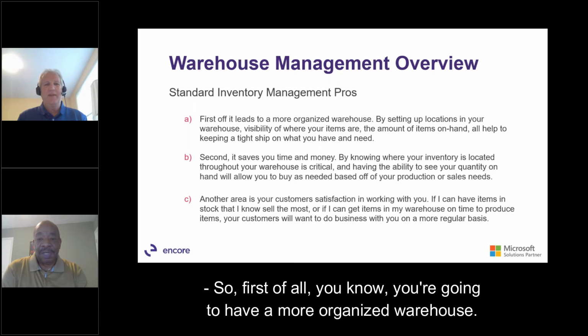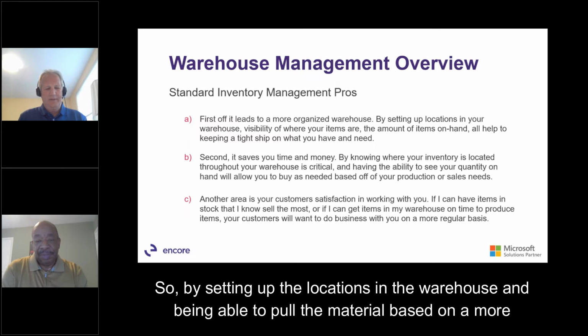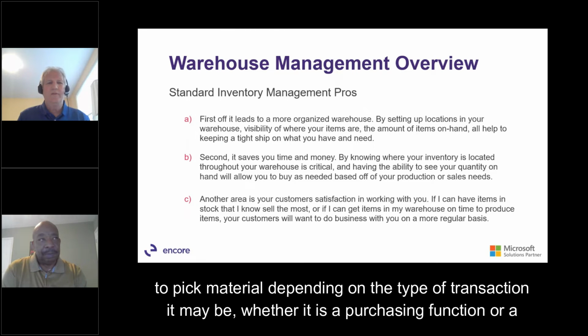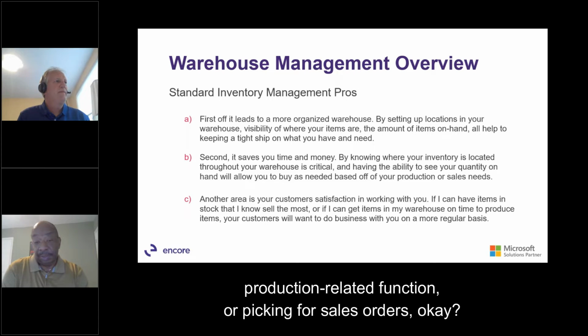So first of all, you're going to have a more organized warehouse. So by setting up the locations in the warehouse and being able to pull the material based on a more structured approach, the system will indeed lead you down the path of how to pick material depending on the type of transaction it may be, whether it is a purchasing function or a production related function or picking for sales orders.